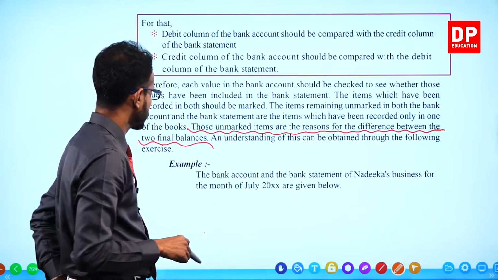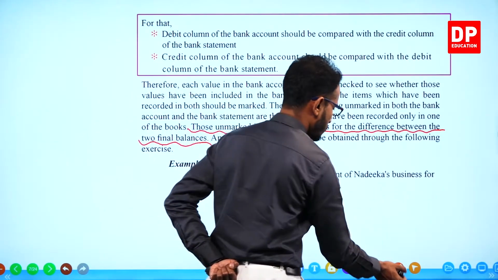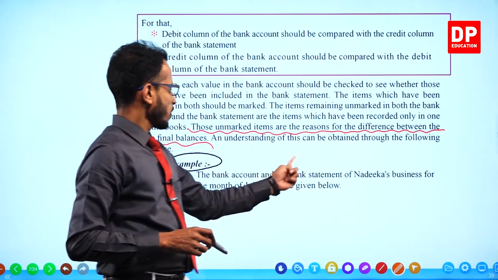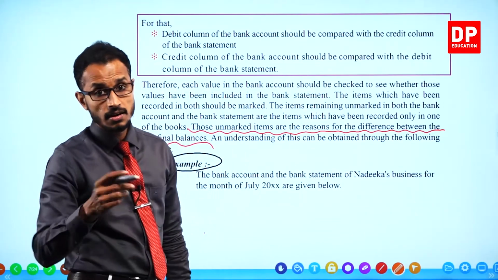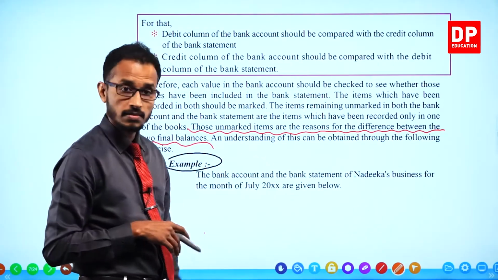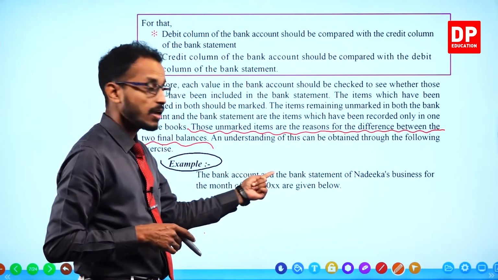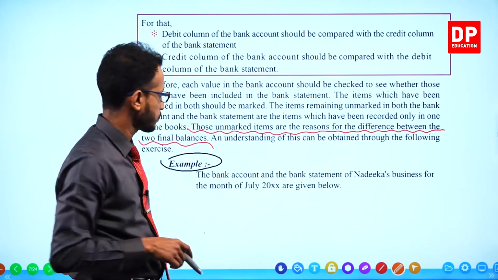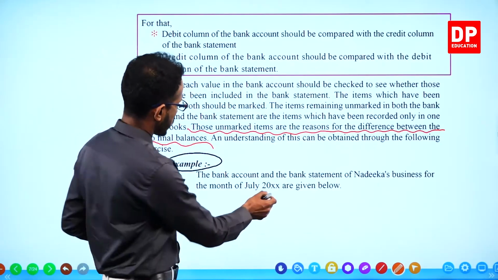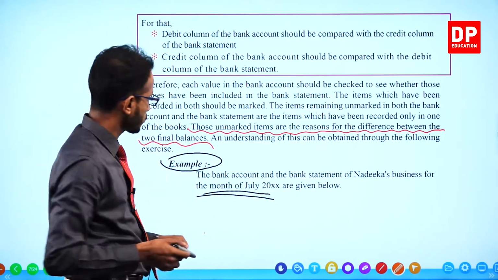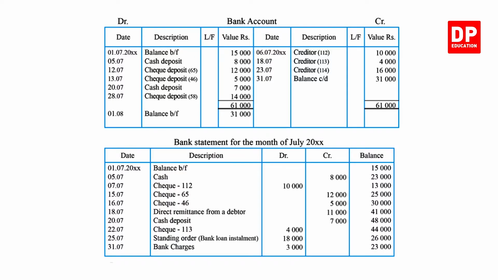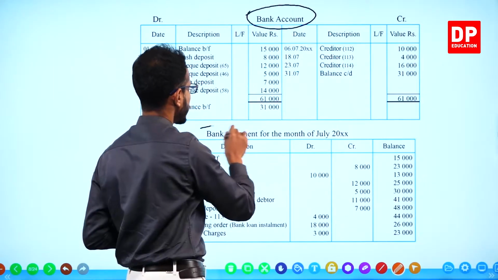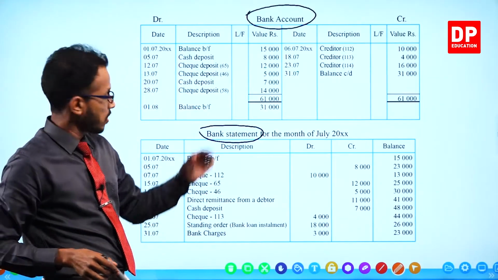All right, let's check this example, shall we? Let's take the bank account and the bank statement of Nadika's business. Her bank account and the bank statement she received from the bank are both given. Children, it's for the month of July. Let's start checking, with the bank account on top and the bank statement on the bottom.